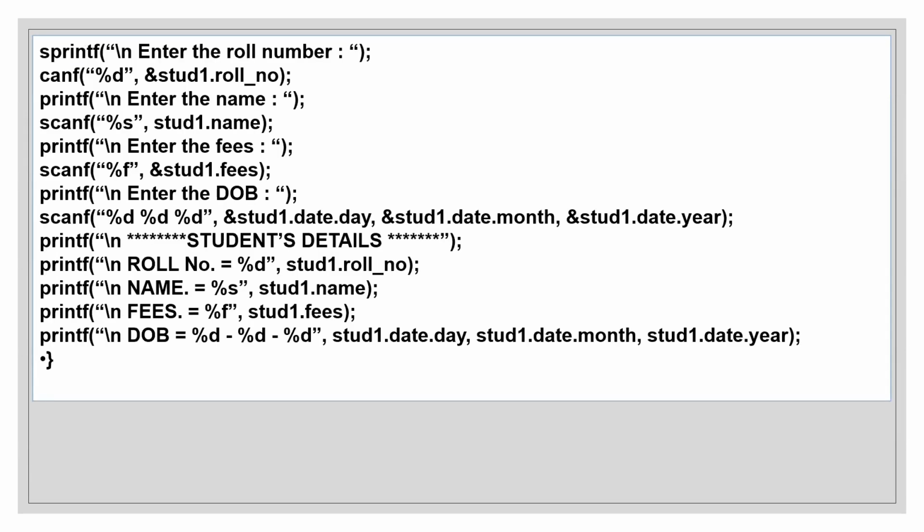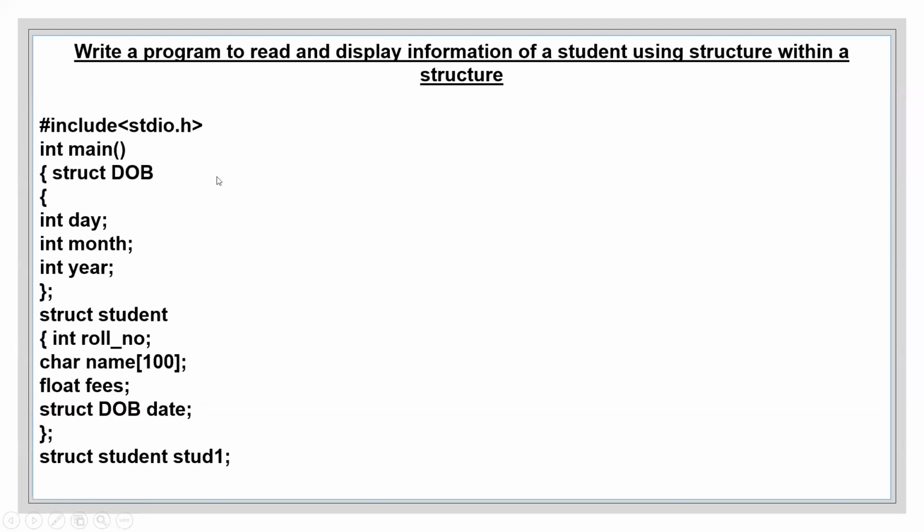So what happens here? The program prompts the user to enter the roll number, stud1.roll_number. Enter the name, stud1.name. As we know, enter the fees, stud1.fees. Enter the date of birth. In the date of birth structure, what members do we have?